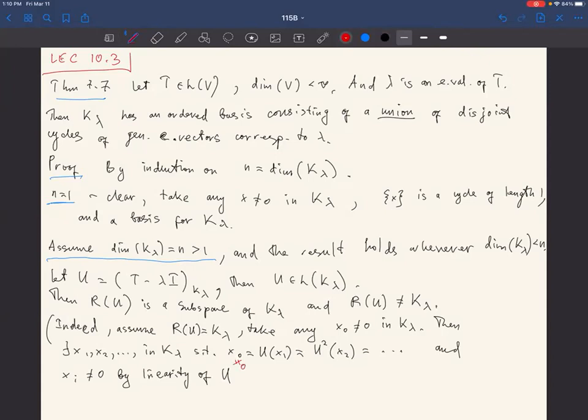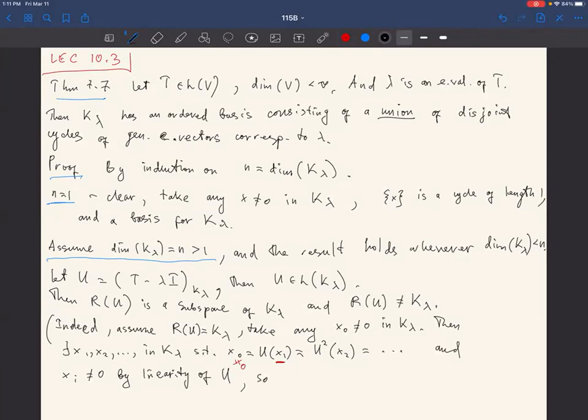So it cannot send something else to 0 here. So we have x1 is not 0 as well. Similarly, x2 not 0 as well, etc. So we get that xi is non-zero, because otherwise it would have to be sent to 0, just by linearity of u. Okay, so each of these vectors is non-zero.